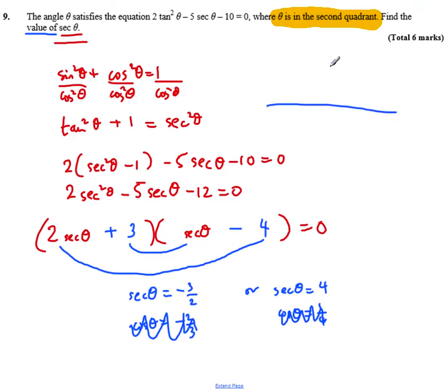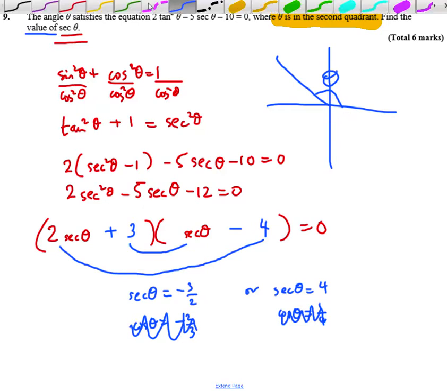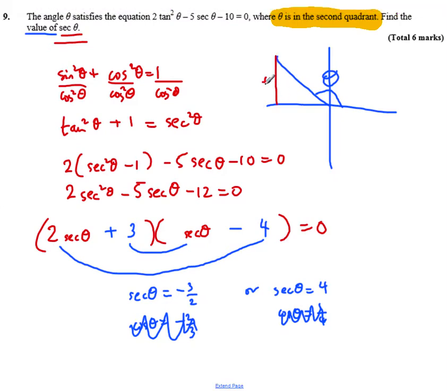In the second quadrant, remember that we go in this direction, anti-clockwise. We've got an angle which is over here, and that's the theta. So if we think about what the cosine is, the cosine in the second quadrant is going to be a plus number, because, nope, sorry, that's the sine.